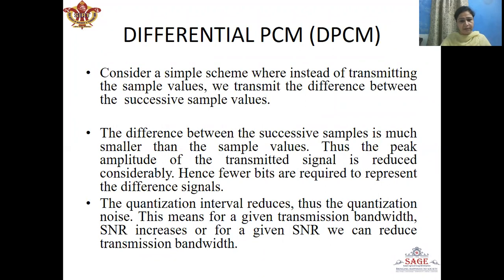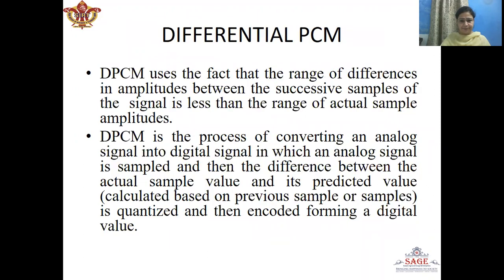Hence, a lesser number of bits are required to represent the difference signals. The quantization interval reduces, and thus the quantization noise also reduces. This means for a given transmission bandwidth, the signal to noise ratio increases, or for a given signal to noise ratio, we can reduce the transmission bandwidth.